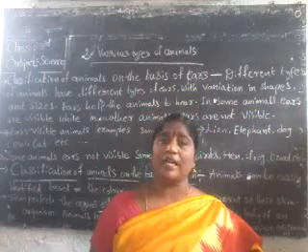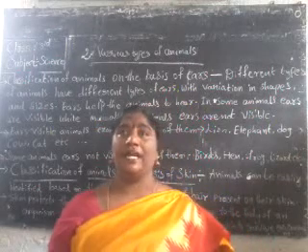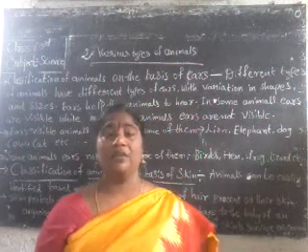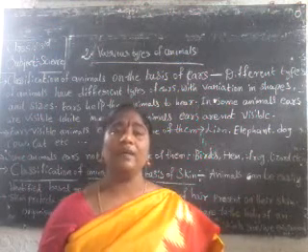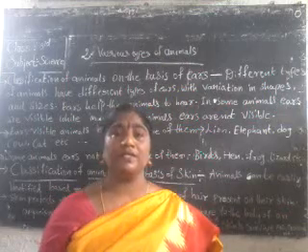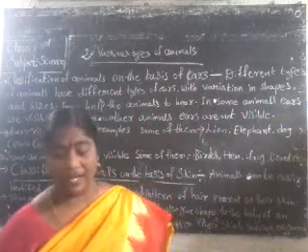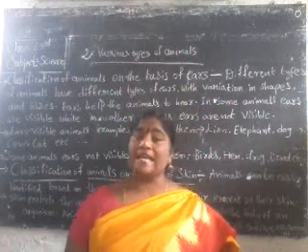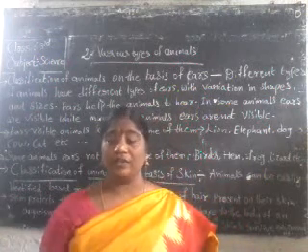Find out the names of the pictures. Identify each picture: what is the picture and what is its name. Just see and identify the pictures. What are the animals' names, and you have to classify them.